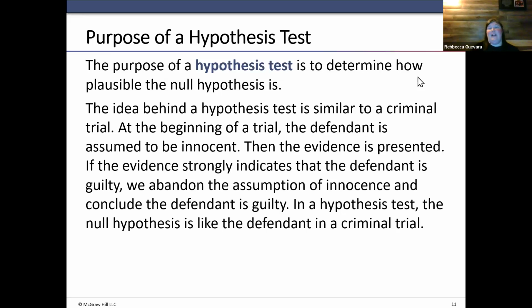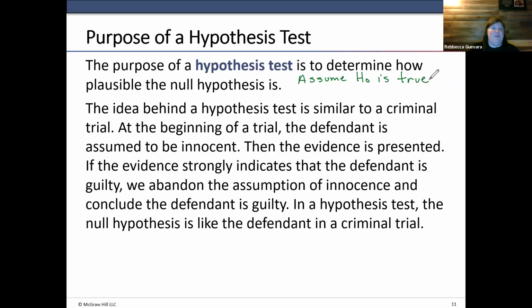So the purpose of a hypothesis test is to figure out how plausible the null hypothesis is. So we're always going at this assuming the null hypothesis is true. So it's kind of what we're assuming. So we want to see how plausible that is.